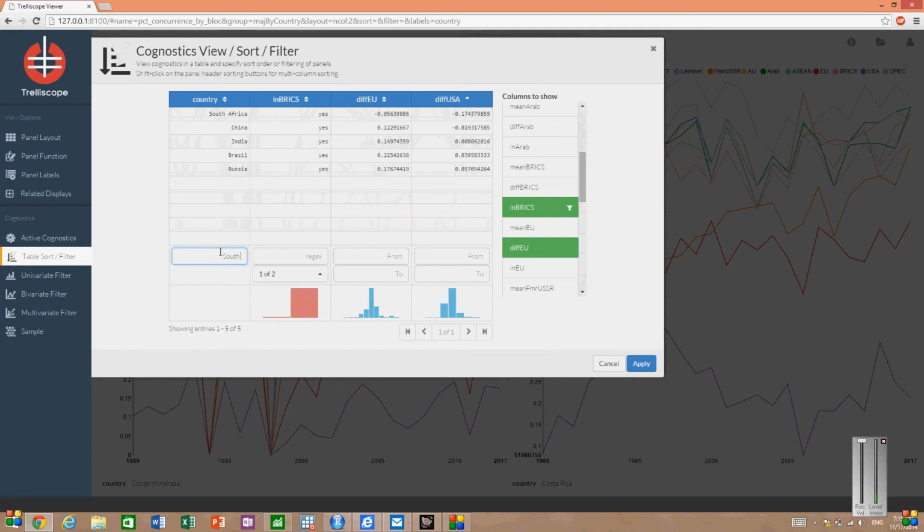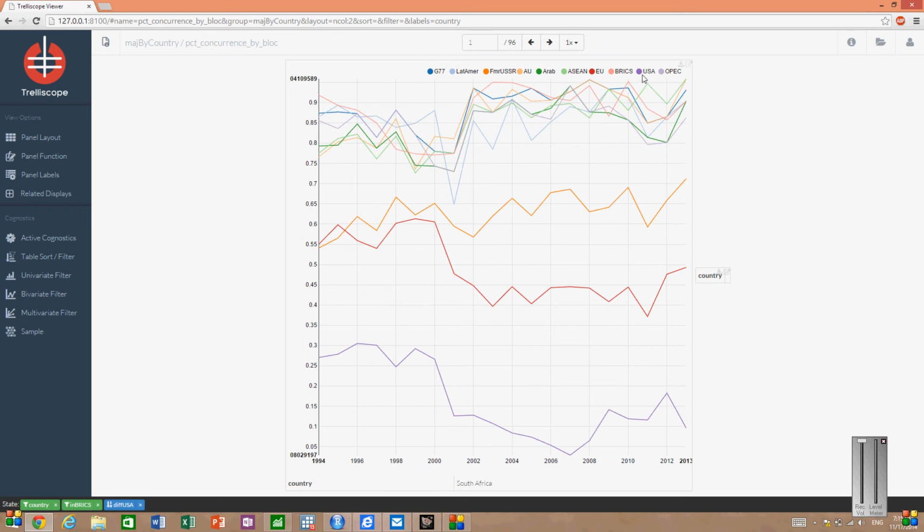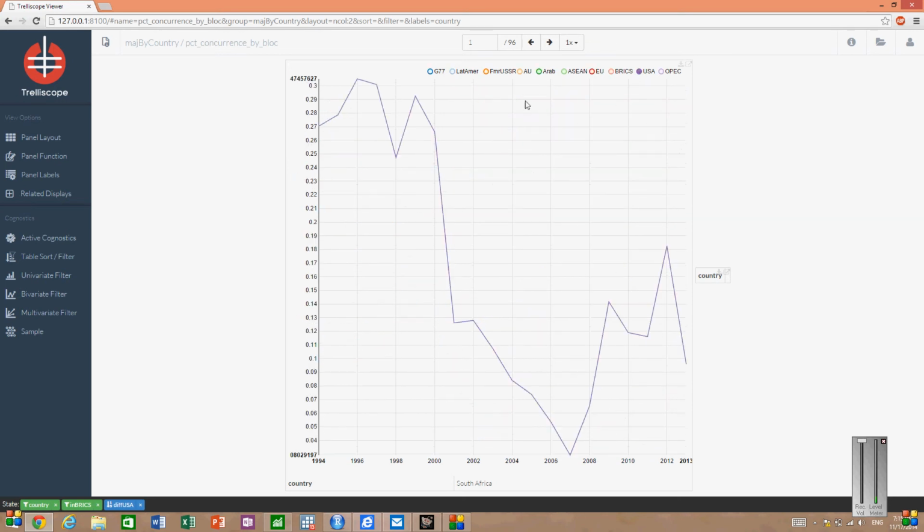So we can take a closer look at South Africa and its voting habits. And we see that when compared to the United States, it is in fact, beginning in 1994, it has been decreasing sharply. Now, we know that South Africa is a country that has considerable sway within the African Union and potentially within the G77.